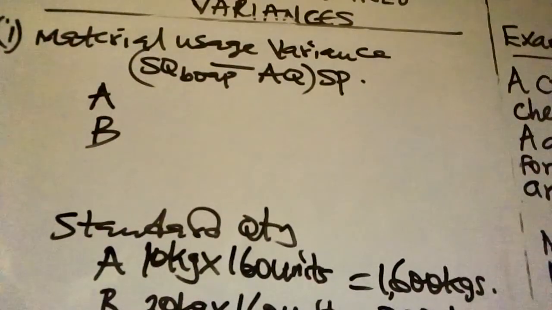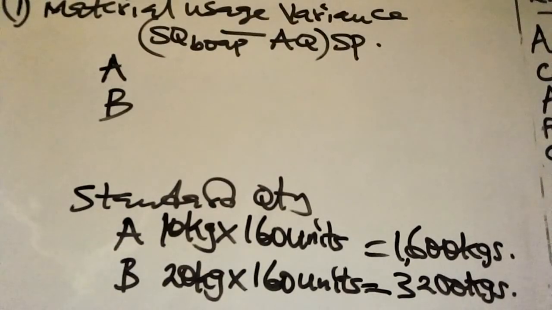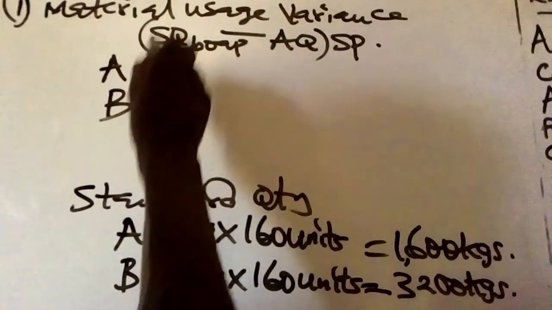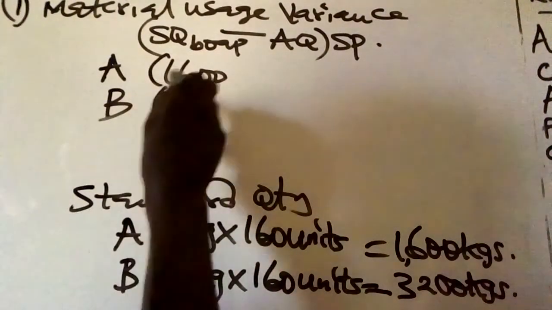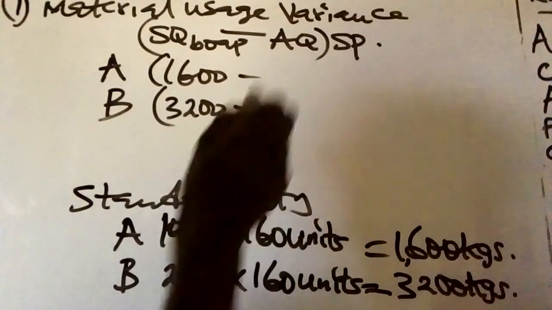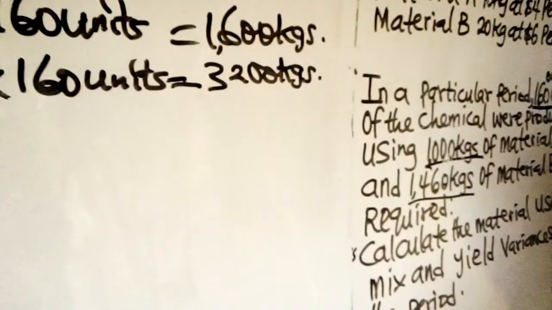You now go ahead substituting into the formula. The standard quantity of A is 1,600 kg as calculated. That of B is 3,200 kg. Minus actual quantity. You go back to the question to find out the actual quantity used in production.